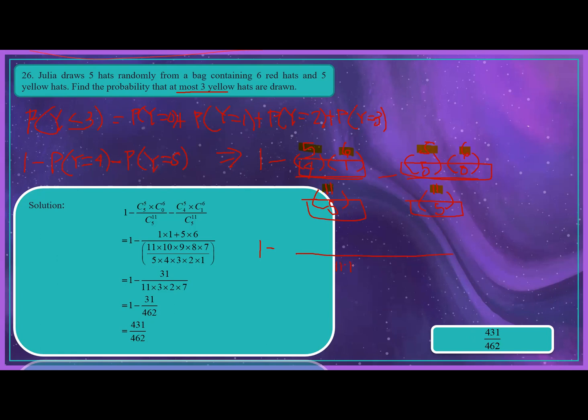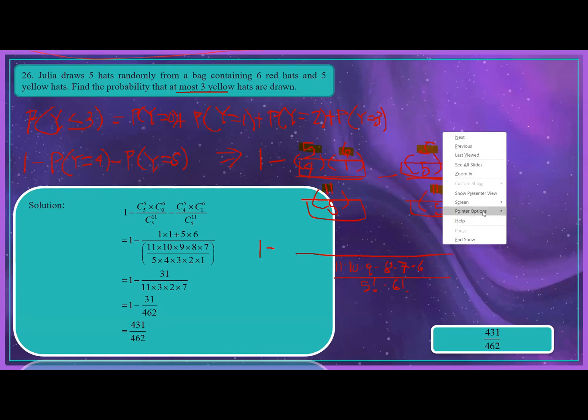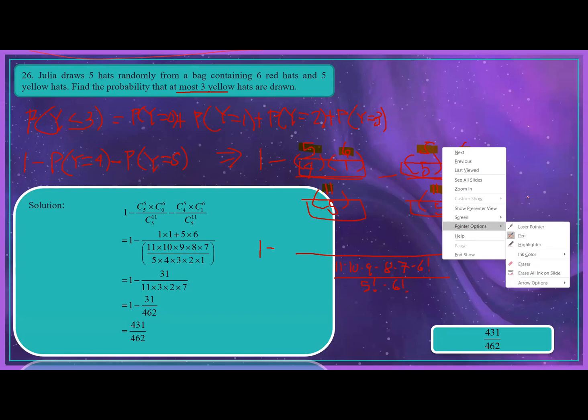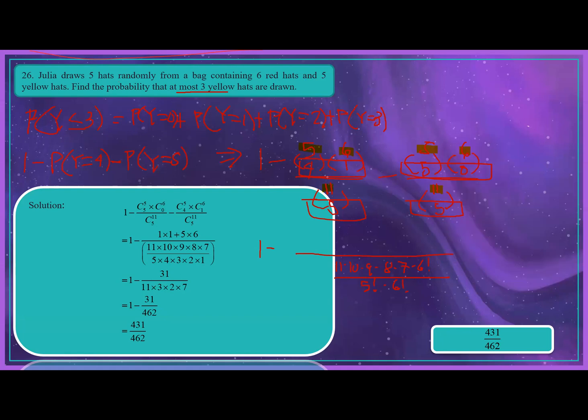That's 11 times 10 times 9 times 8 times 7 times 6 times 5 factorial over 5 factorial times 6 factorial. I'll just make this 6 factorial. So cancel. Anyway, let's do that after.